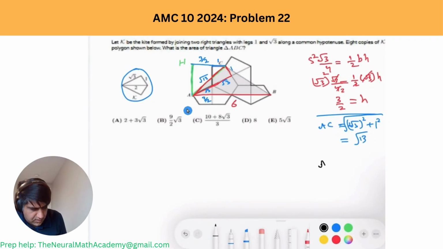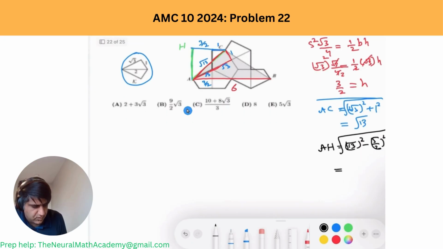Okay. Now, by using this square root of 13 and this dimension, I can get AH. So AH is equal to square root of 13 square minus 5 over 2 square. And that is equal to 13 minus 25 over 4, so that is 27 over 4.